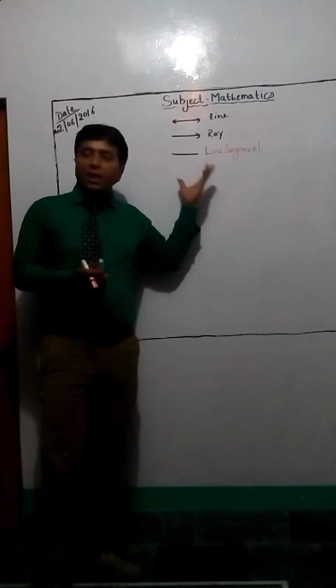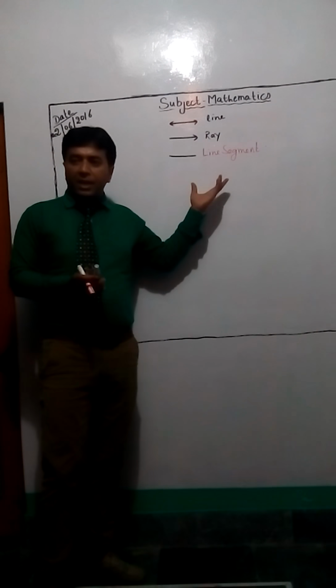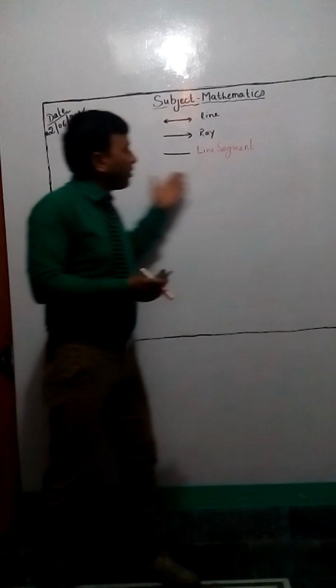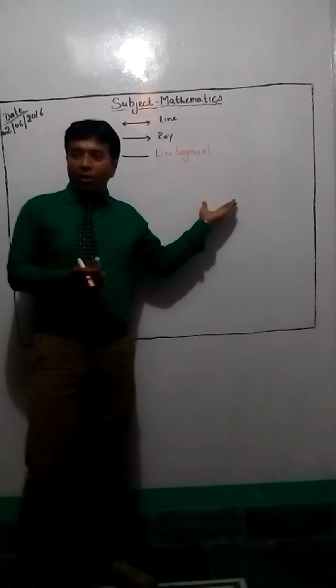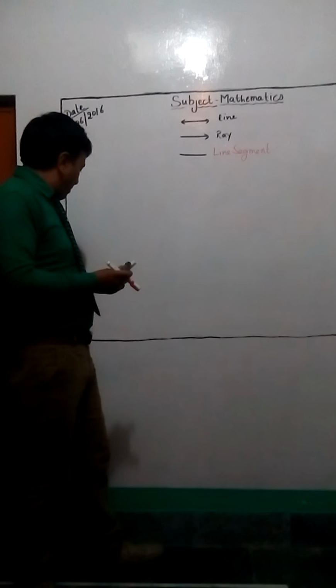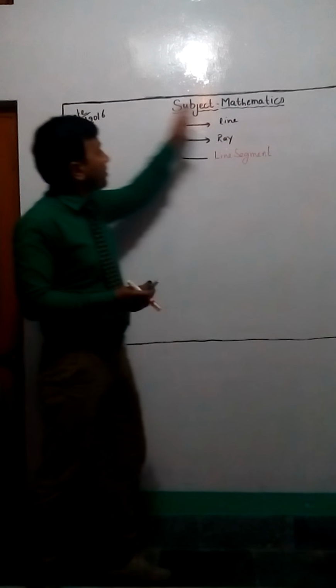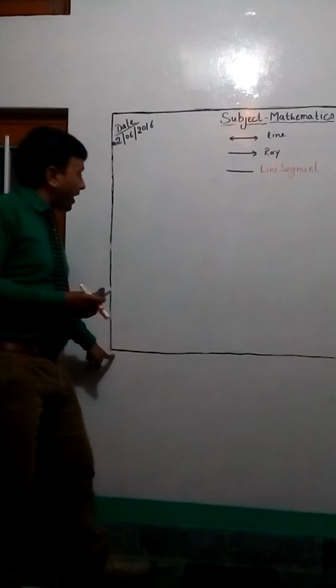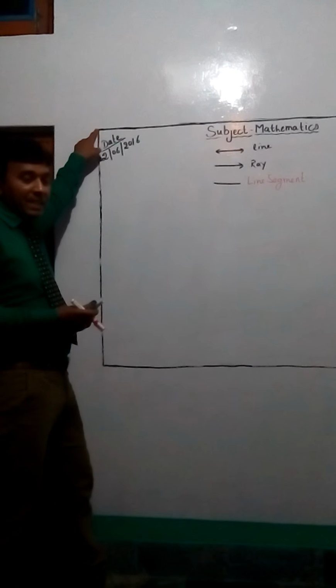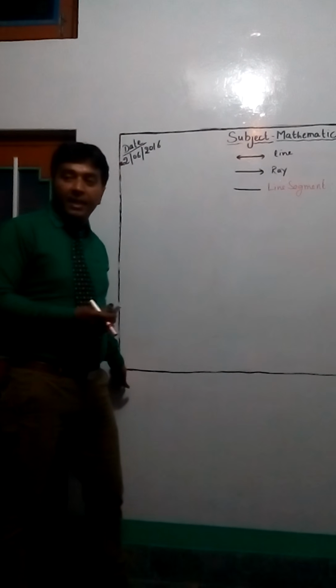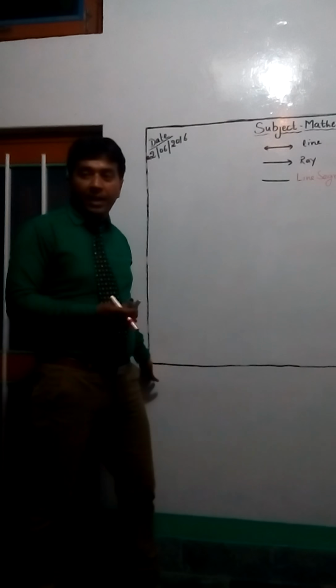You can find a line segment anywhere. You can draw it on a board, or if you look at the boundary of this board, these are all line segments, because each has a starting point as well as an ending point.